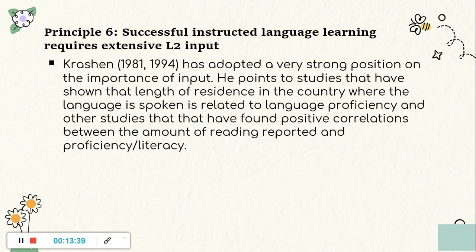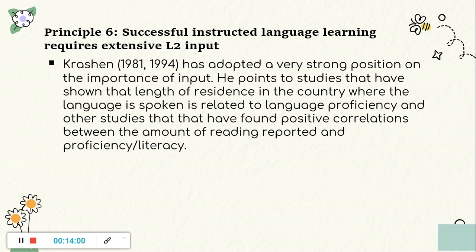Okay, principle number 6 is about how successful instructed language learning requires extensive L2 input. Krashen, 1998, and Ellis, 1994, have adopted a very strong position on the importance of input.